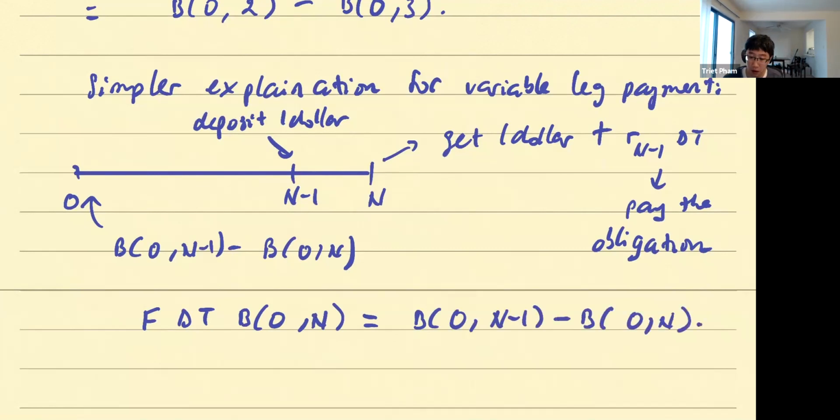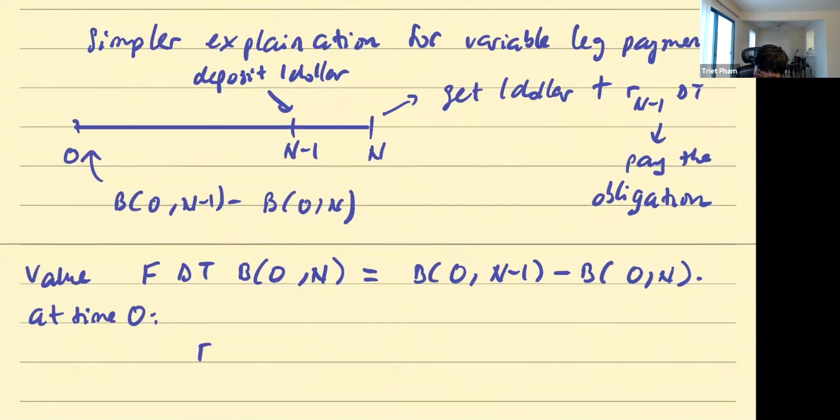Okay, and just keep in mind, this is an equation at time zero. This is the equation for their value at time zero. But that's easy to solve for F then.